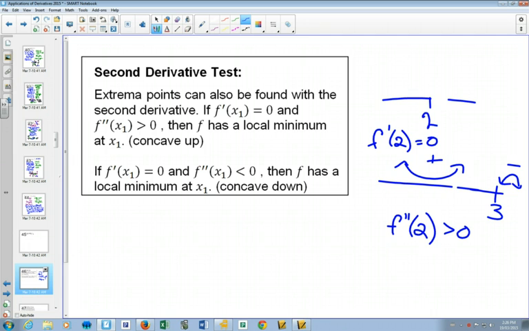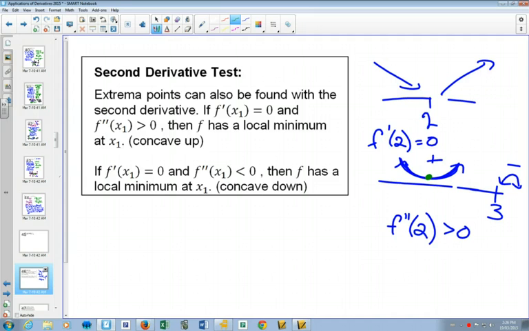But I find the second derivative test not as easy to visualize, because if you did the first derivative test and saw it was going down and then going up, how easy is that to tell it's a minimum? Okay? But with the second derivative test, if the first derivative is equal to 0, which we said was at 2, and the second derivative is greater than 0, meaning that it's concave up, the only possibility at 2 would be that it has to be a minimum.